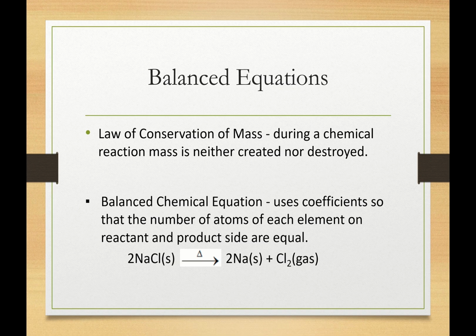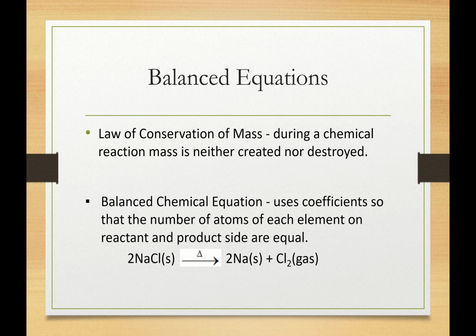We know in any chemical process that matter cannot be created or destroyed. So even during a chemical reaction, matter is not created nor destroyed, and our equation has to reflect that. So we must turn a skeletal equation into a balanced equation in order to uphold this law. A balanced equation just uses coefficients in order to represent the quantity of each substance involved in the reaction to ensure that the law of conservation of mass is held.